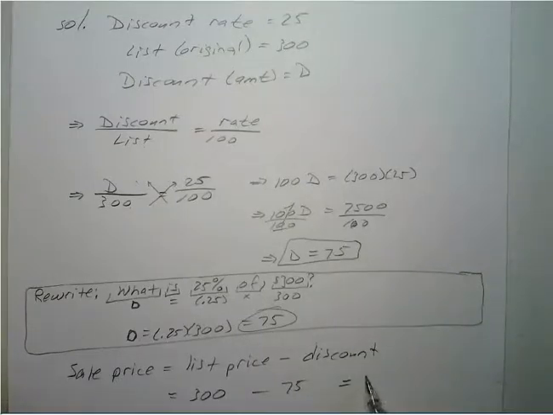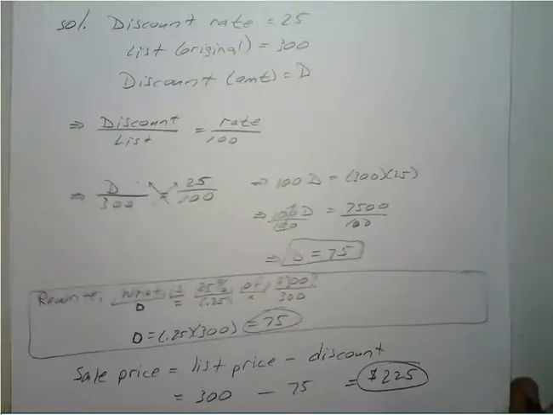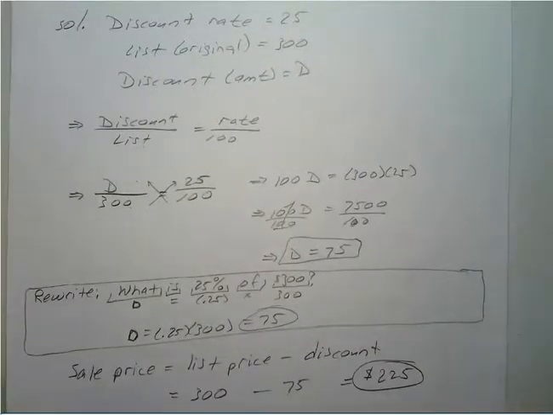So our sale price ends up being $300 minus $75, which is $225. That's how you would solve for that one. If you are still writing, feel free to press pause, but we're going to go ahead and move on to our next example.